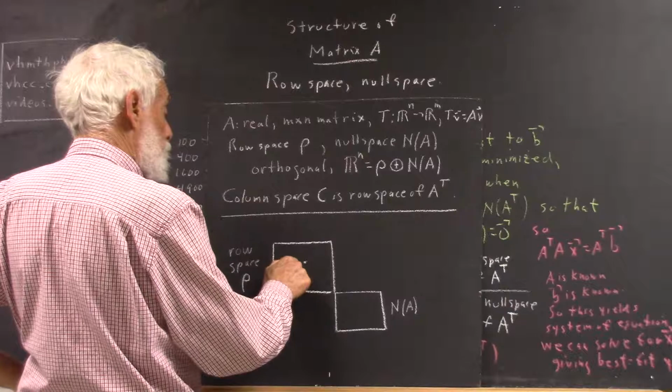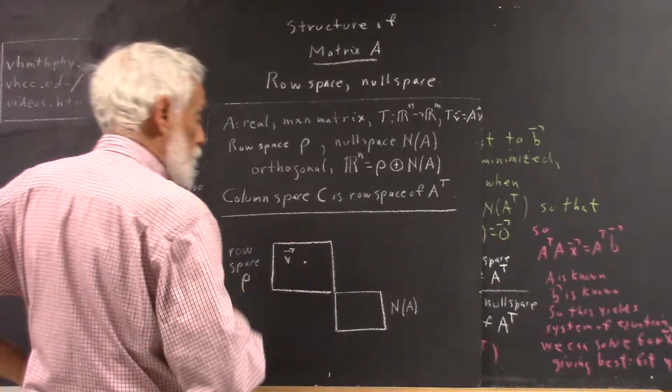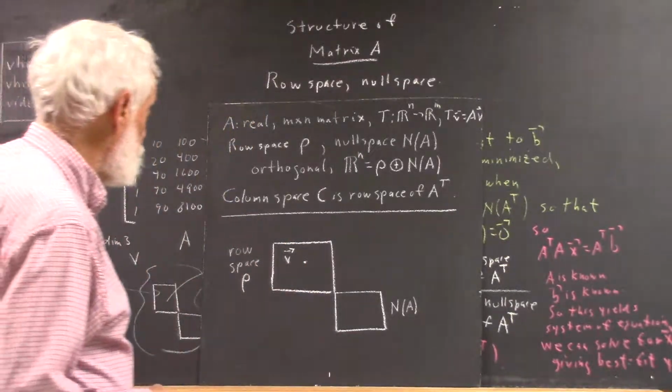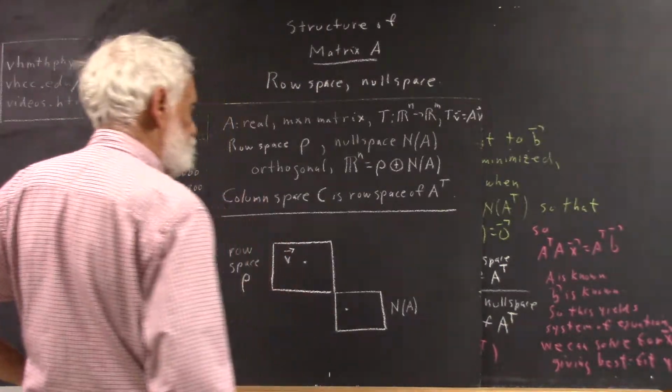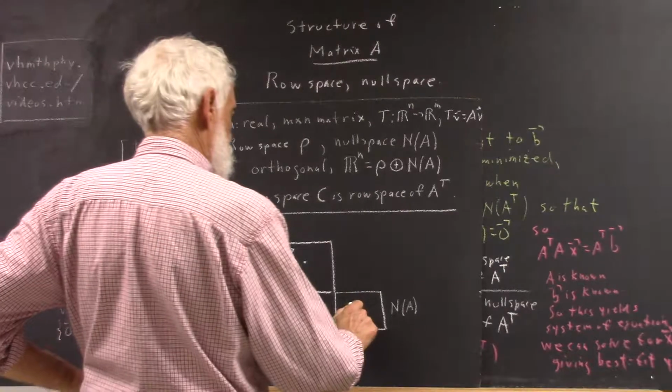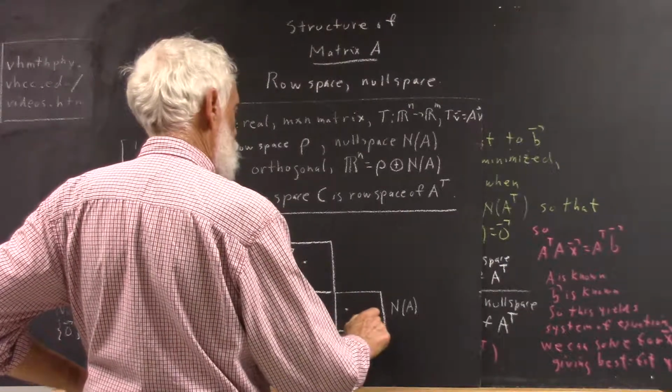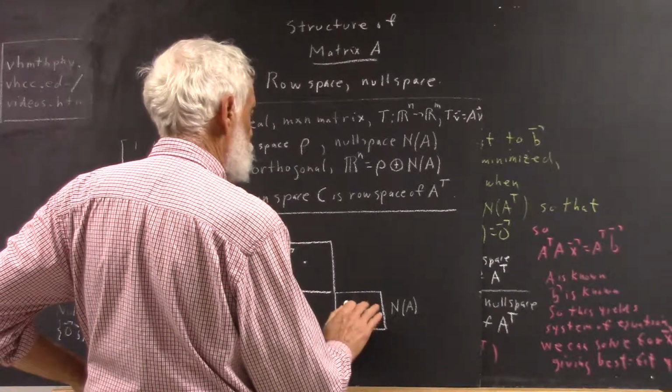Okay, so let's just say V is some vector in the row space. And let's say we have two vectors in the null space.